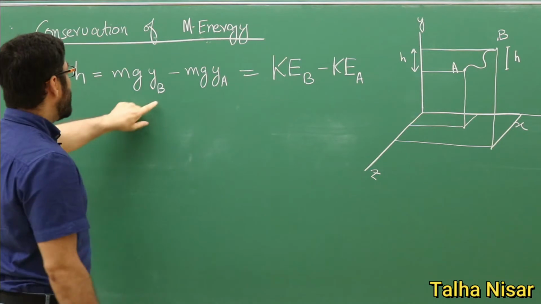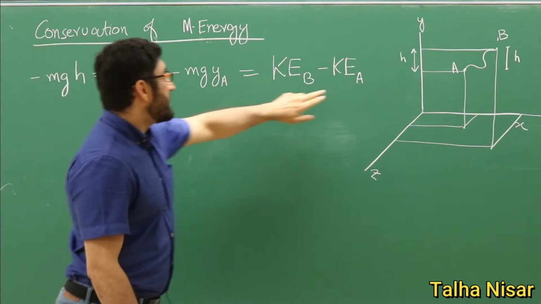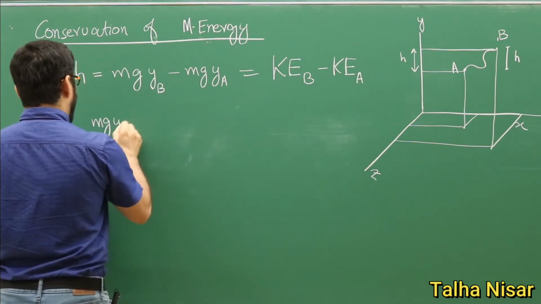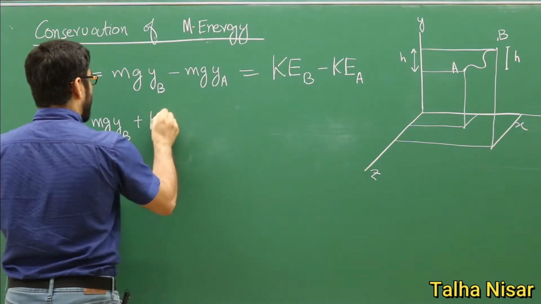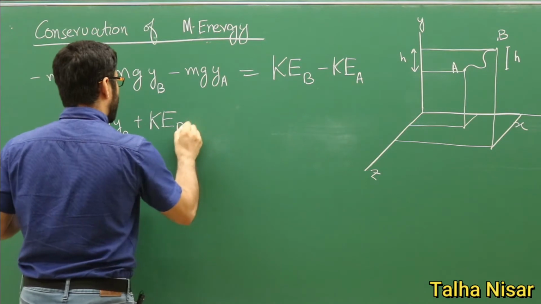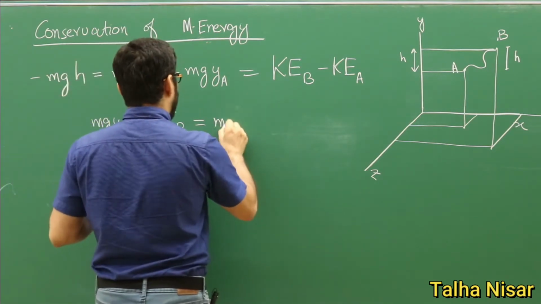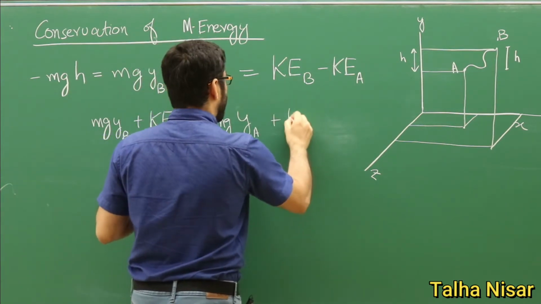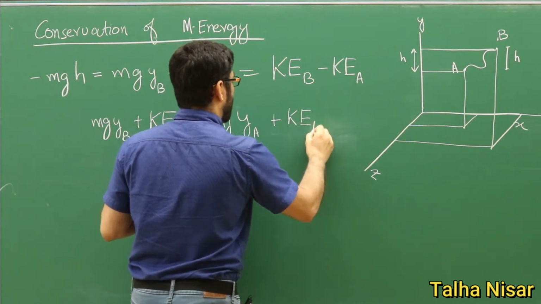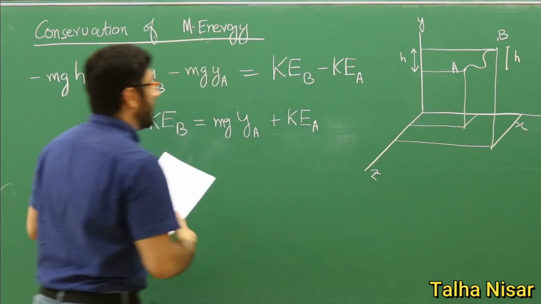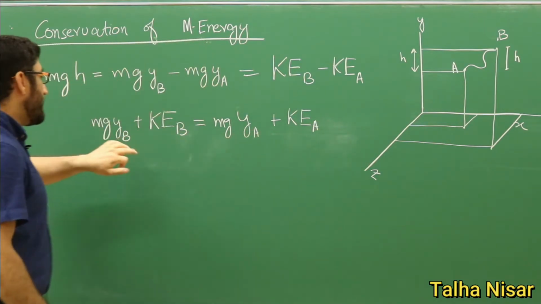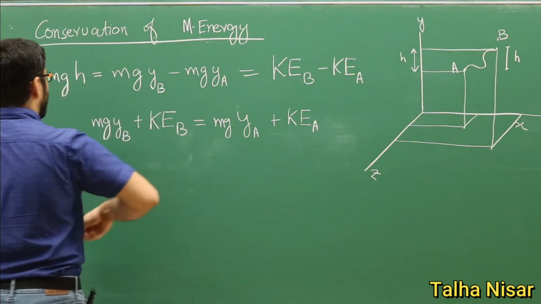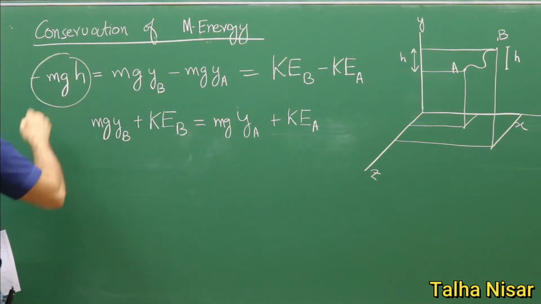And now if we bring the B's on one side and the A's on the other side, then we will get mg y of B plus the kinetic energy at B is equal to mg y of A plus the kinetic energy of this object at point A. And now what we see here is that this is mgh, so this is the potential energy.